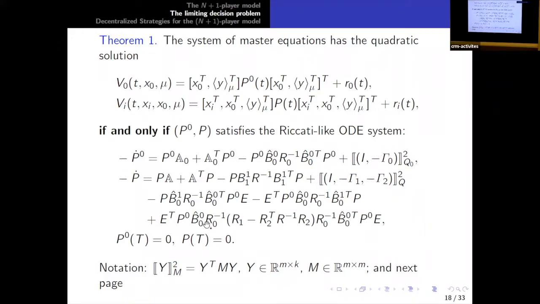The necessary and sufficient condition is to have a solution for this Riccati-like ODE system for the two matrix equations. Actually, here the coefficient matrix A0 and A depend on the unknown. So we can show this dependence on the next page.